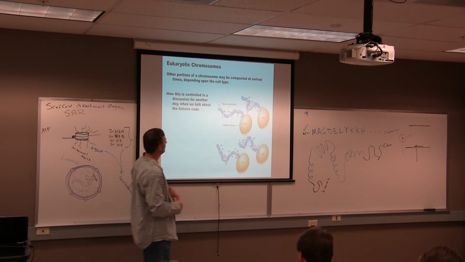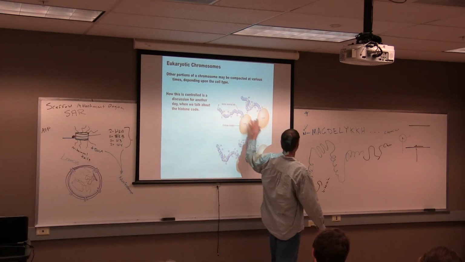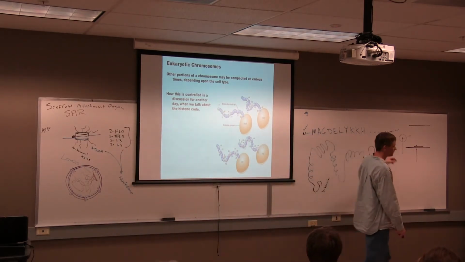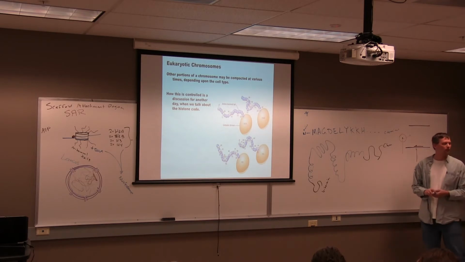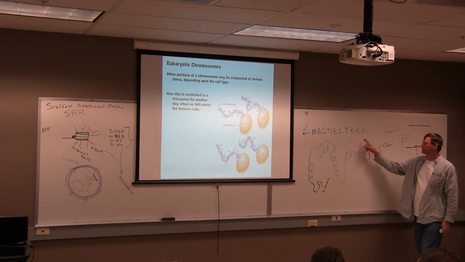So it turns out in the histone tails, and I don't know the sequence of them, but I've written something up here that is probably not far off. In the sequence of these tails, there's an unusually large number of serines that can be phosphorylated, and also lysines.